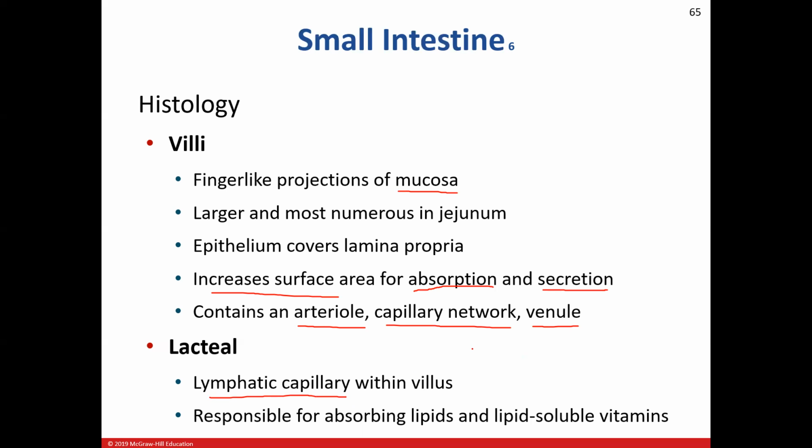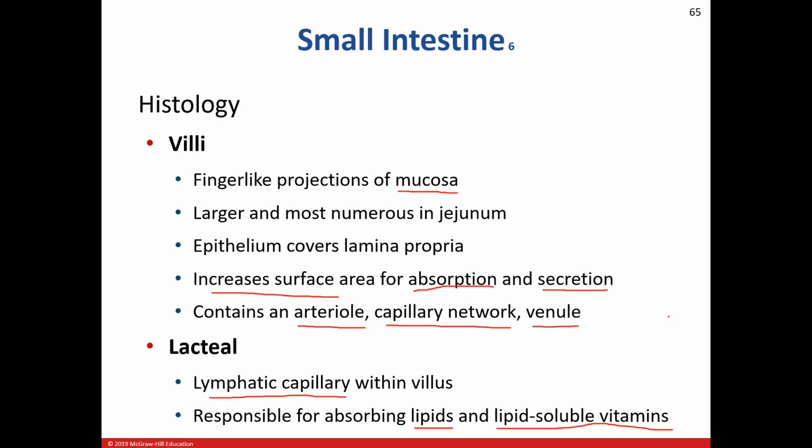And those lymphatic capillaries are going to be constantly absorbing any lipids, and specifically lipid-soluble vitamins. Lipid-soluble vitamins would be vitamin A, vitamin D, vitamin E, and vitamin K.